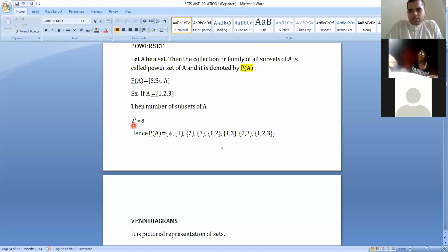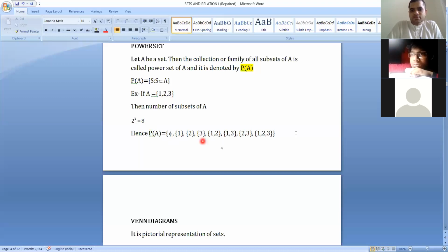Is this clear? Set A has 3 elements, so how many subsets will it have? 2 to the power 3, 8 subsets, and the power set is the collection of all the subsets of set A.